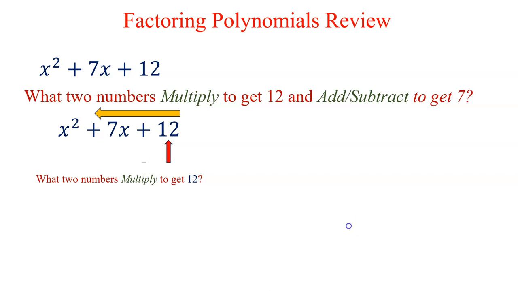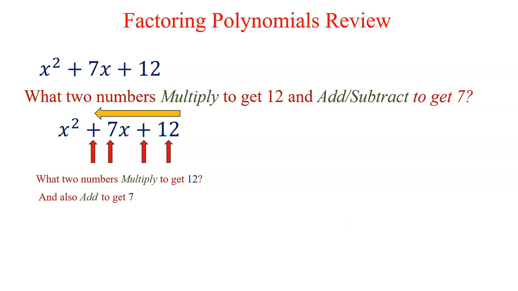If I continue to read backwards, the next thing I see is this symbol here. That lets us know what to say next. So we want two numbers that multiply to get 12 and also add. That symbol lets us know that the two numbers will also add. Continue reading backwards to get 7.